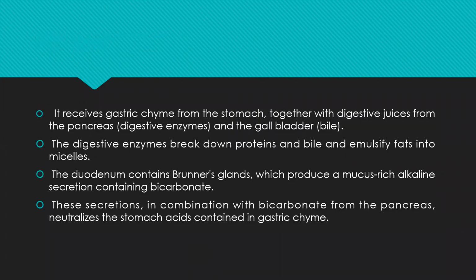The duodenum receives the gastric chyme. I already told you only partial digestion takes place in the stomach, which sends the chyme into the duodenum, together with the digestive juices from the pancreas, that is the digestive enzymes, and the bile juices coming from the gallbladder.